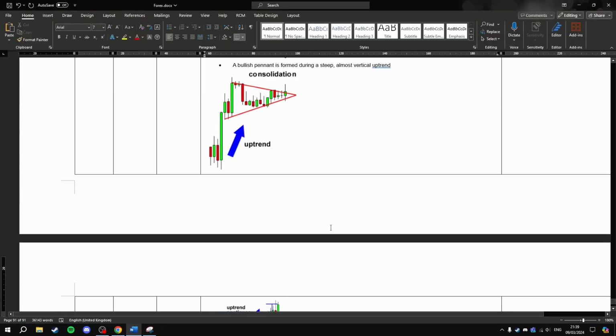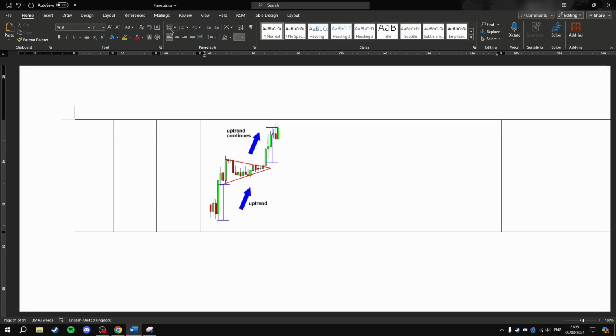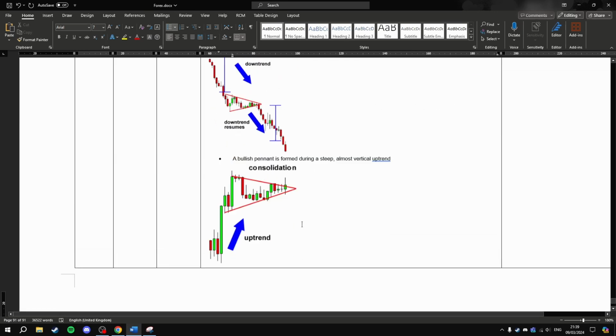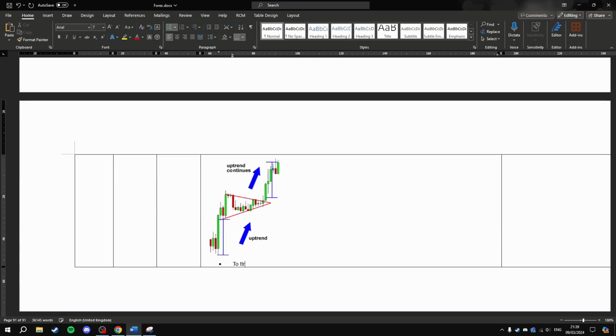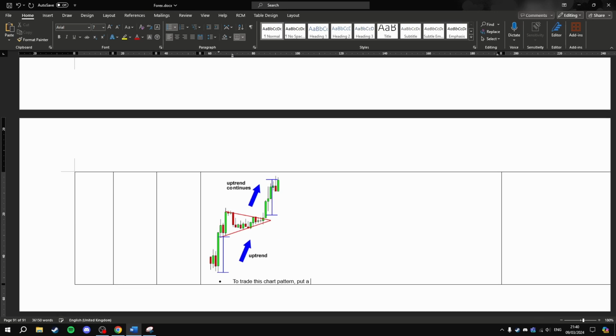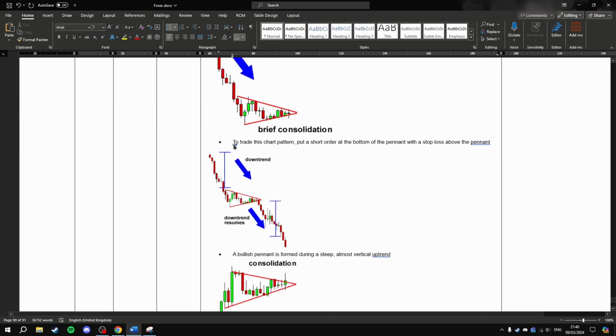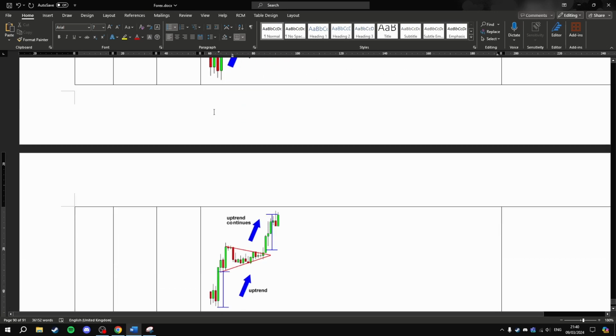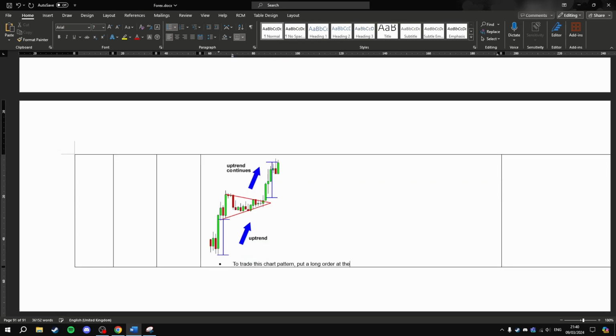So, to trade this chart pattern, put a long order at the right.